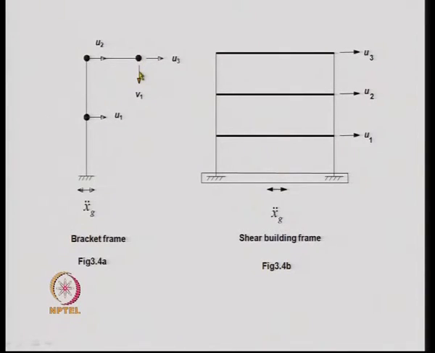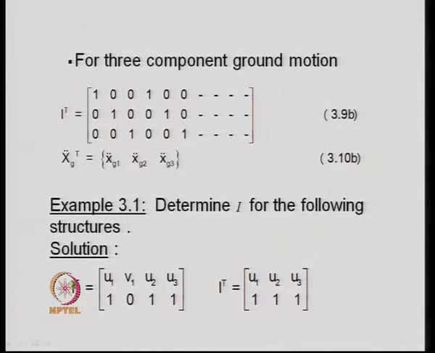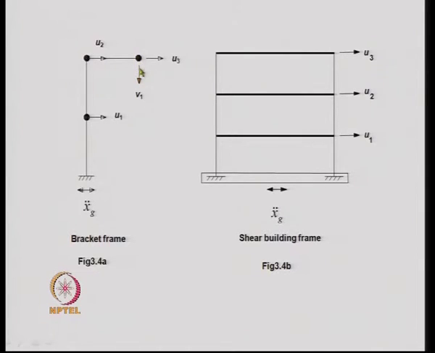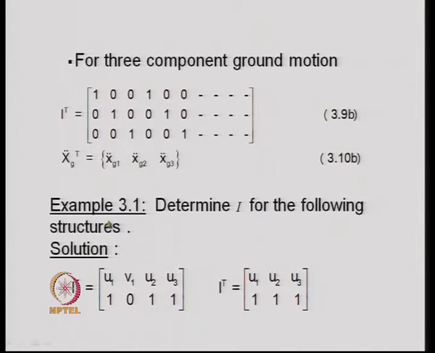So, in this case, the influence coefficient vector I takes, for U1, the value 1, for V1 it becomes 0, and for U2 and U3 they become 1. Since there is no ground motion acting in this direction, we have this form of the influence coefficient vector with the 0 coming into the picture.